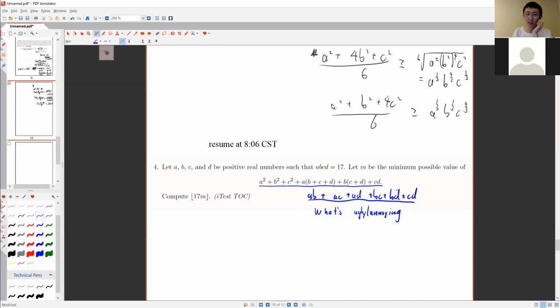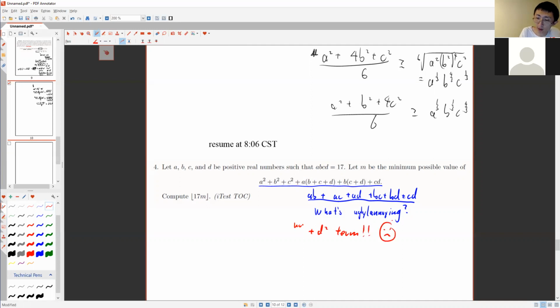What's annoying about the sum of the squares? You have a 4 variable expression. Yeah, there's no d squared term. This is Cayenne. Right. So if there was a d squared term, this would be easy, right? If there was a d squared term, we could just, so no d squared term.